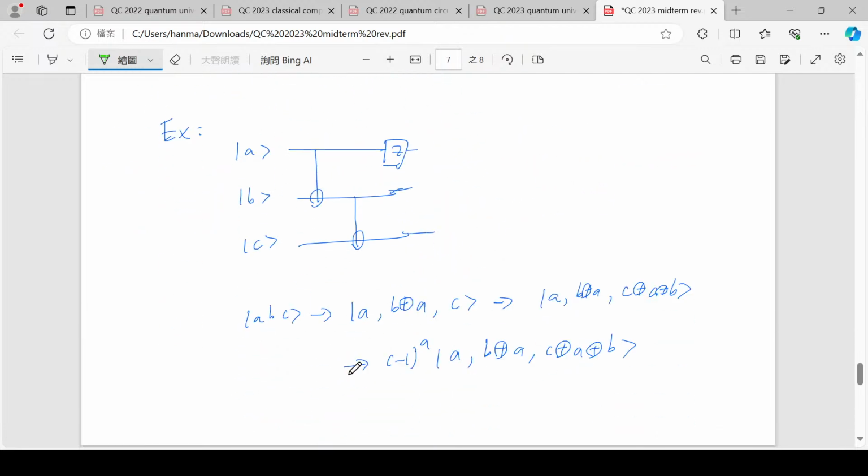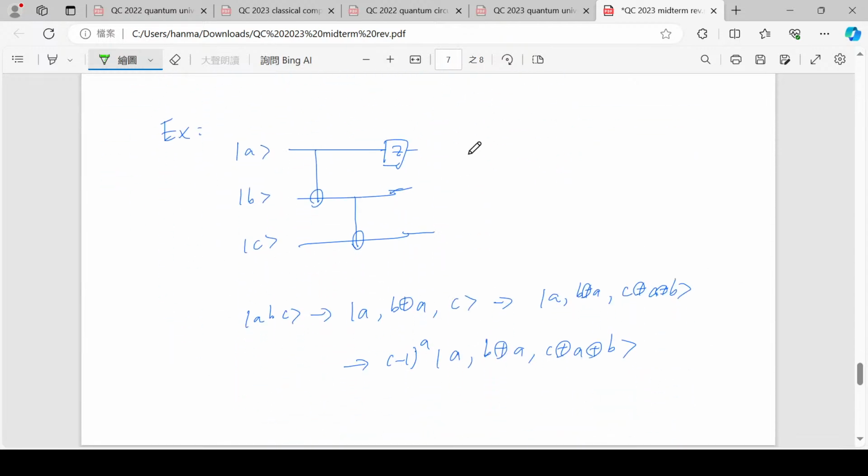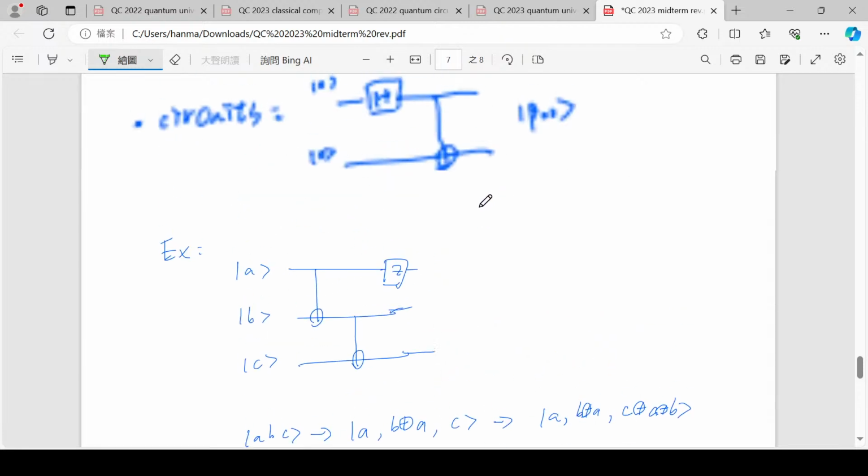Sometimes it's nice to do circuit calculation with algebra. For example, we want to see what the computational basis state ABC becomes going through the circuit.